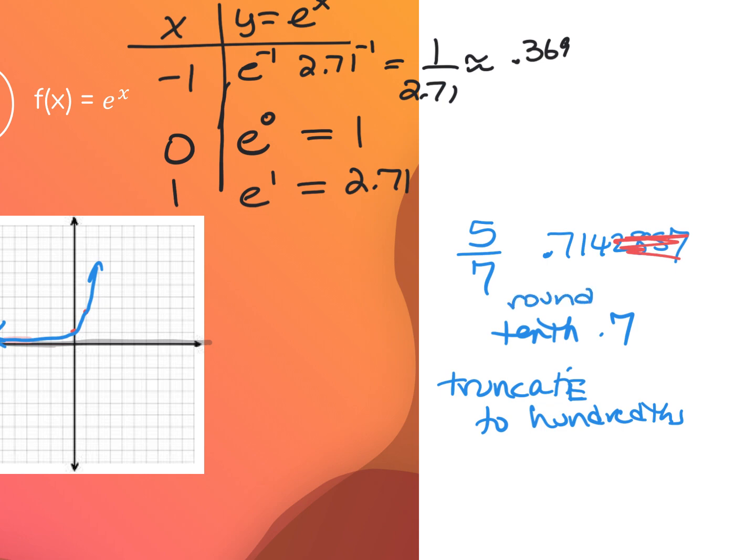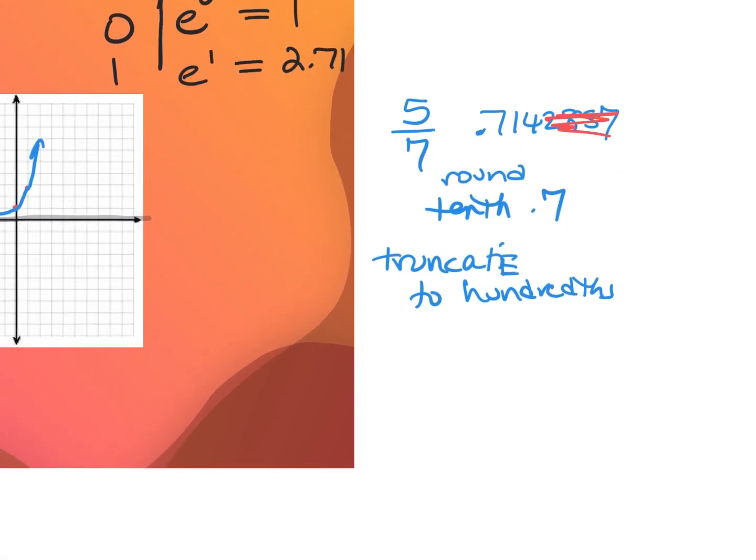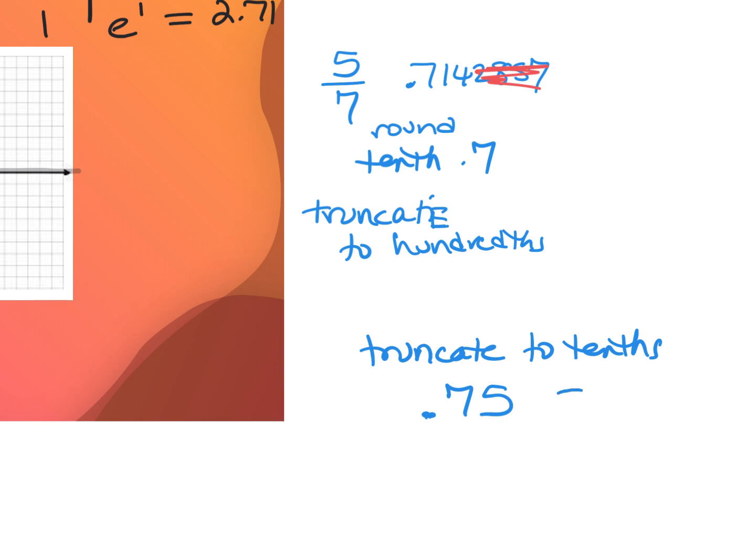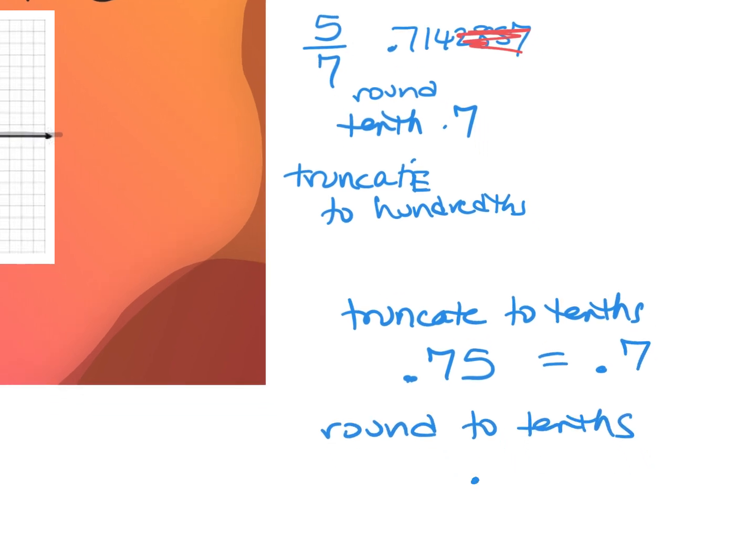For example, let's say it said truncate to the tenths, and let's say the decimal was 0.75. So if it says truncate, then this answer is 0.7. But if it says round to the tenths, then it becomes 0.8. Everybody see the difference? So be aware of this terminology.